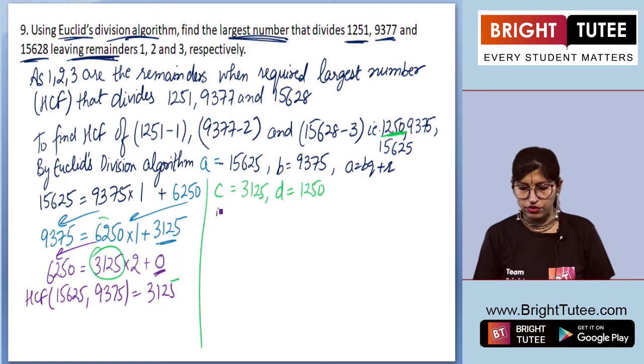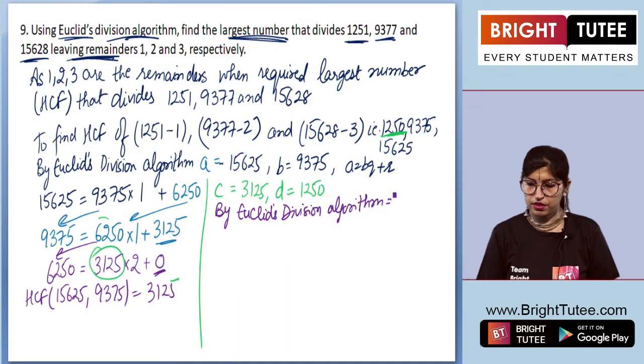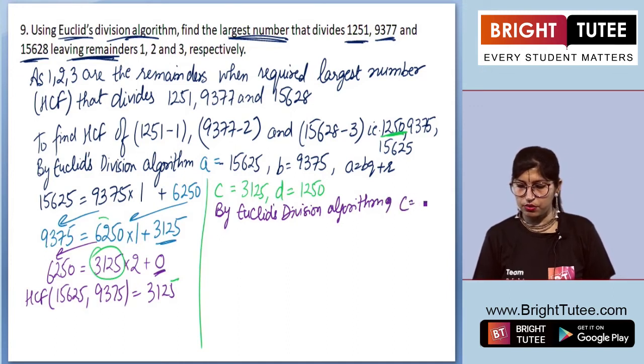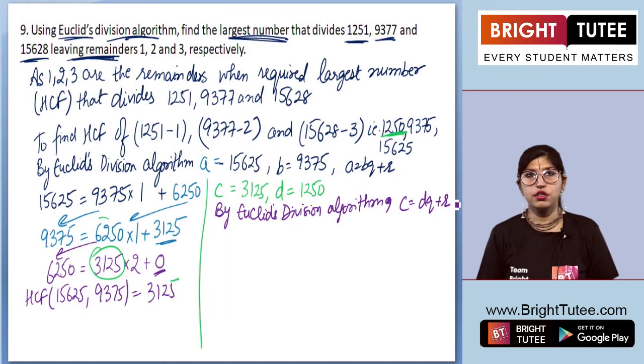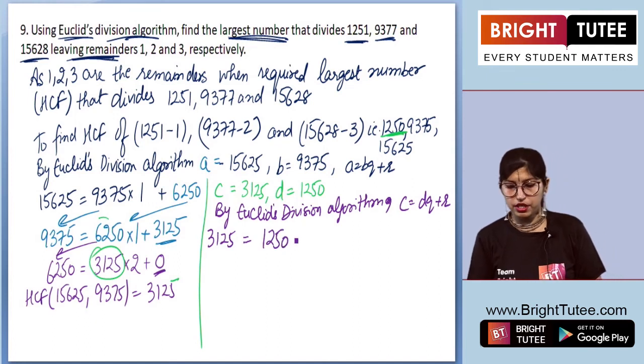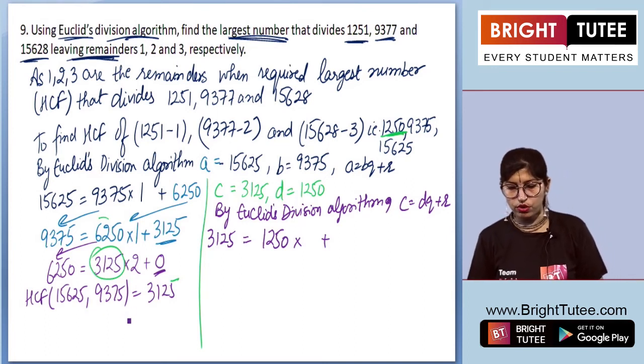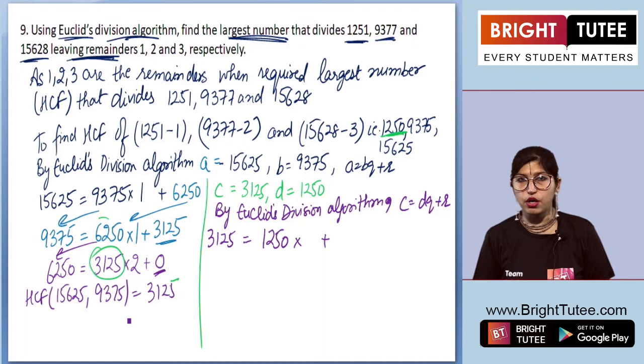Now by using Euclid's division algorithm, we get C equals DQ plus R. So we start with 3125 equals 1250 times something plus something. 1250 times 2 will be 2500.